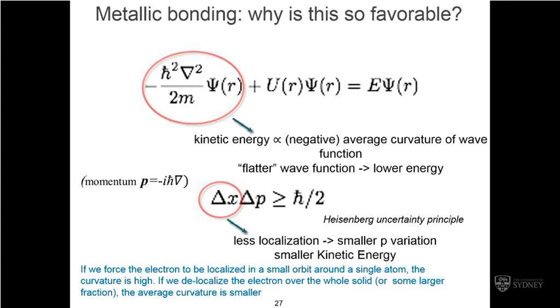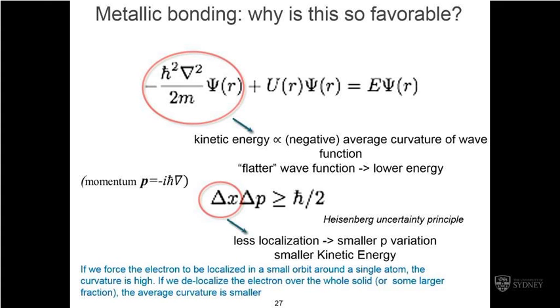You can think of the wave function just as however it is in the solid. There's lots of different wave functions depending on what energy and which momentum you are at. But this basically reflects the curvature of the wave function. So what's the point? If you have a material where there's less localization, what does that mean? That means the orbitals are not so close to the atom, where they can spread out more, like in a metal.